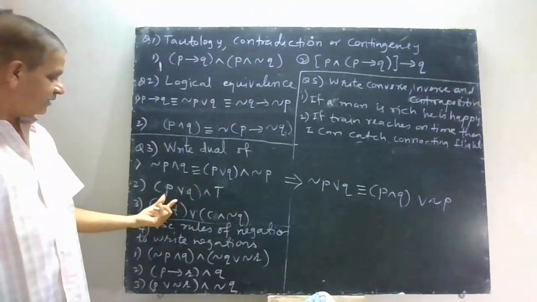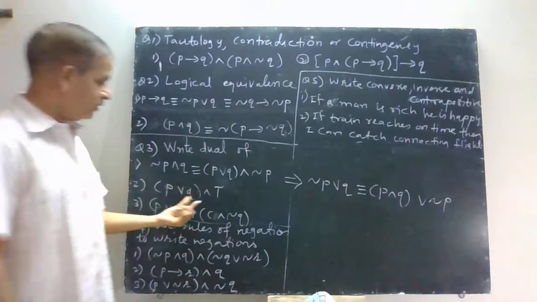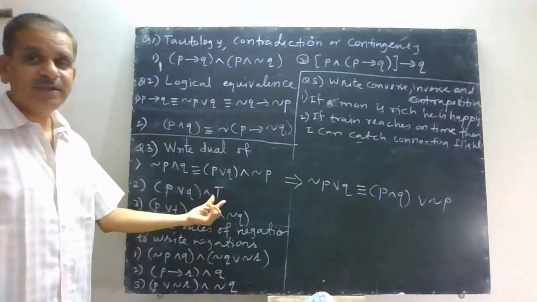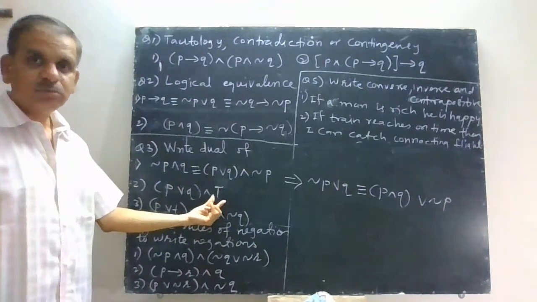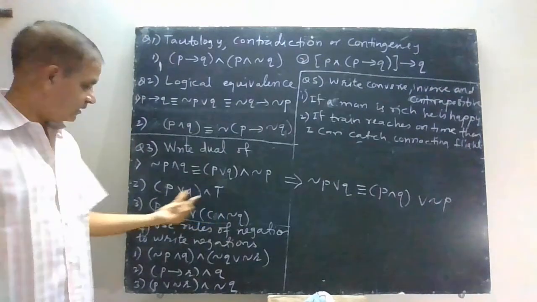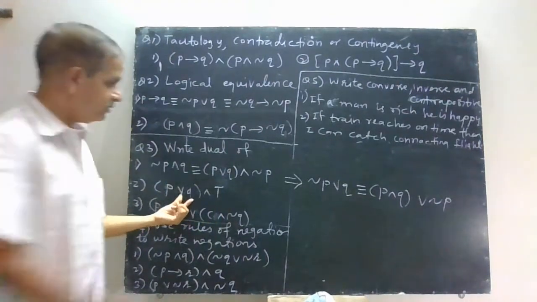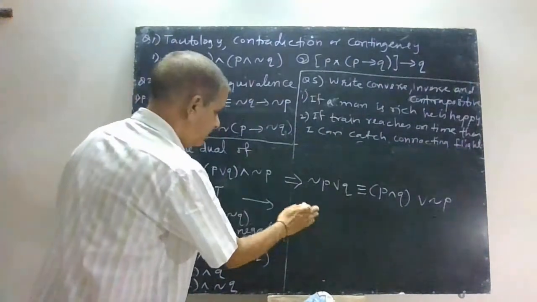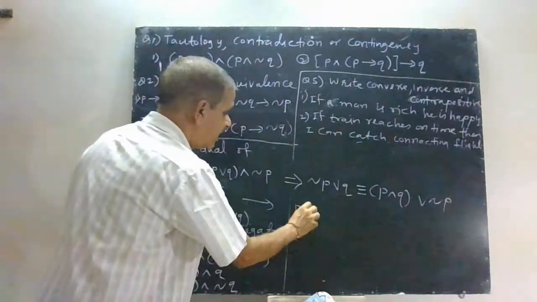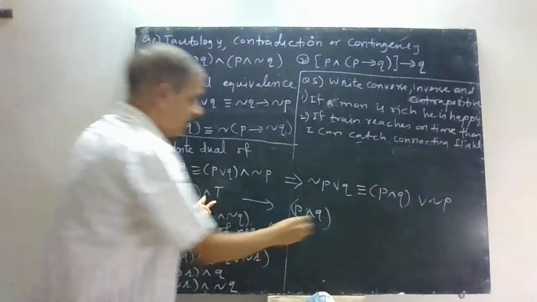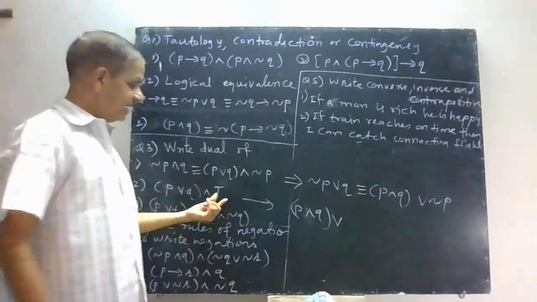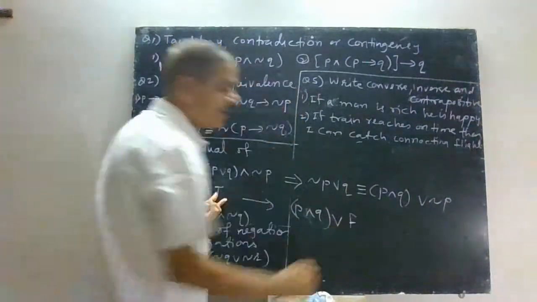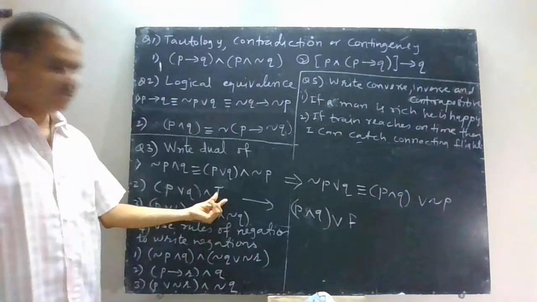Now see the second one, P or Q and T. This capital T means a tautology. Now P or Q you will write as P and Q, then and replaced by or, and then capital T replaced by capital F, that is false.